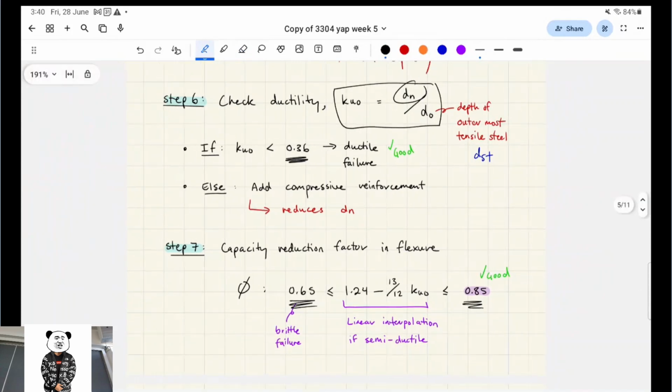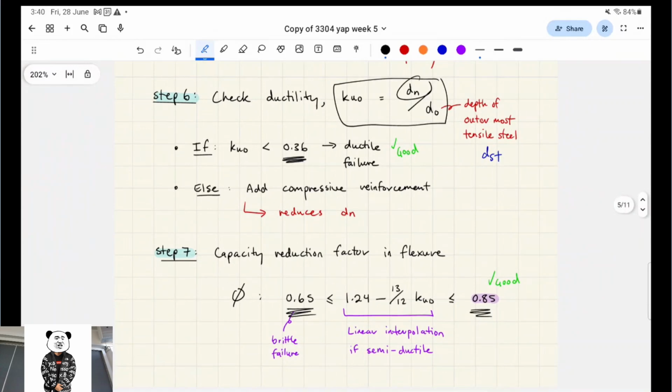Could you explain the ductile failure again? So basically, ductile failure is where there's enough warning before something completely breaks. We know that concrete's a brittle material, right? But when we reinforce it with steel, it gives it a little bit of a mixed property as a composite section.